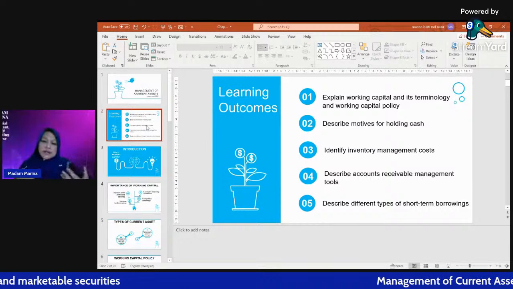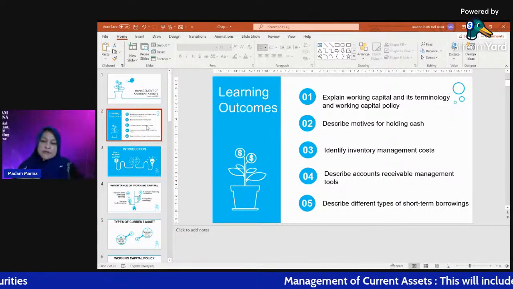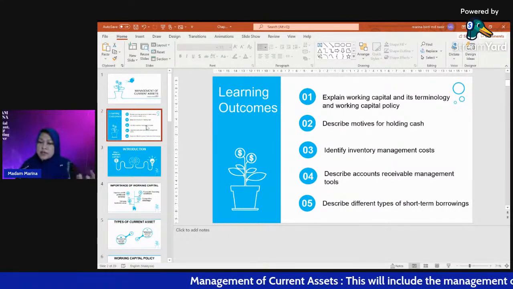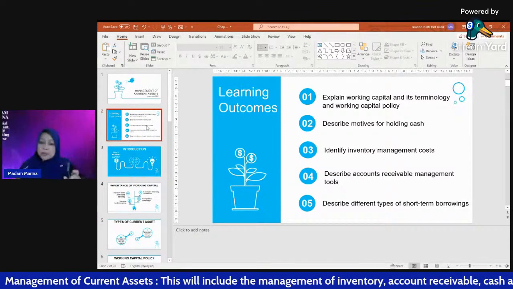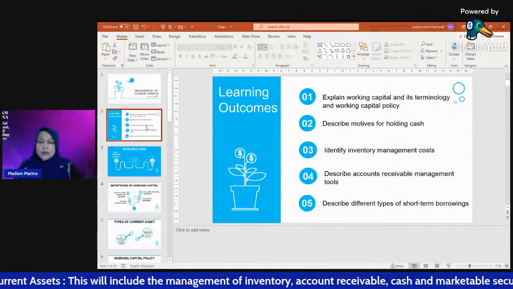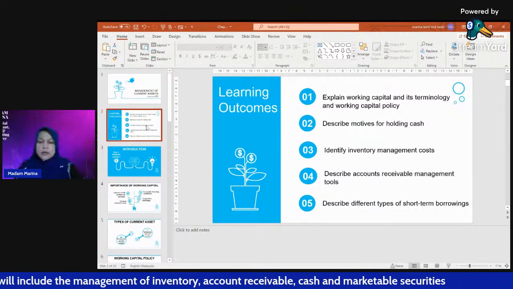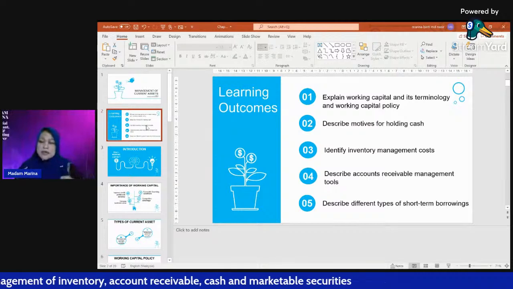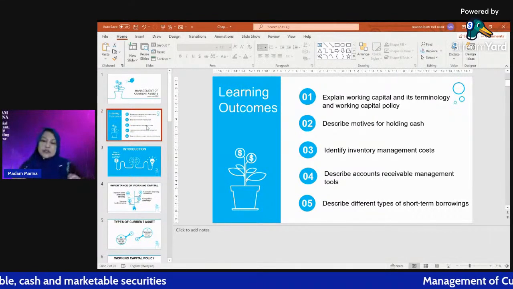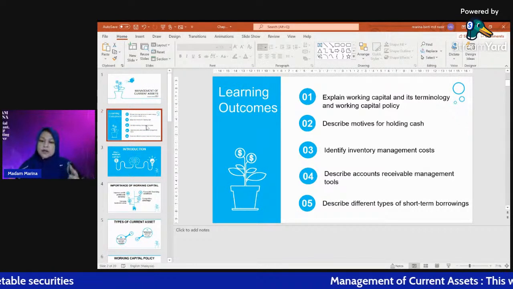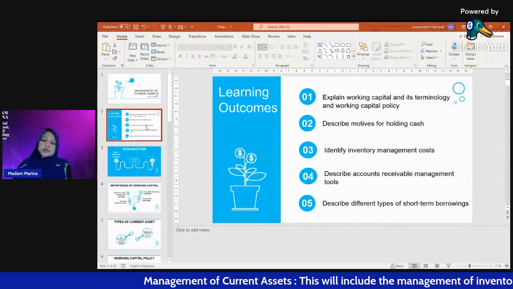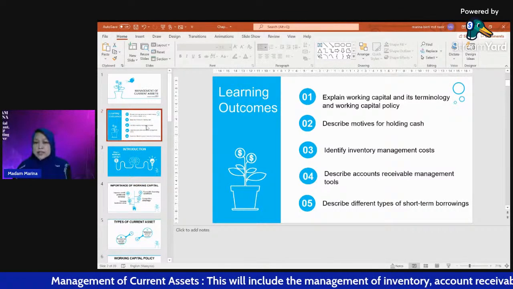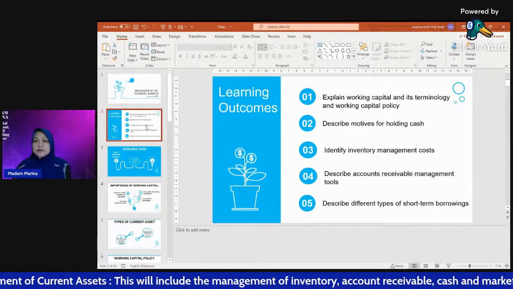Identify inventory management cost, why we have to manage our inventory. Still remember what is EOQ, economic order quantity. Account receivable management tools, how to manage our account receivable, 5 C's, credit policy, credit terms. And the last one is describing different types of short-term borrowing, which we will cover in the next lesson for financing current asset.